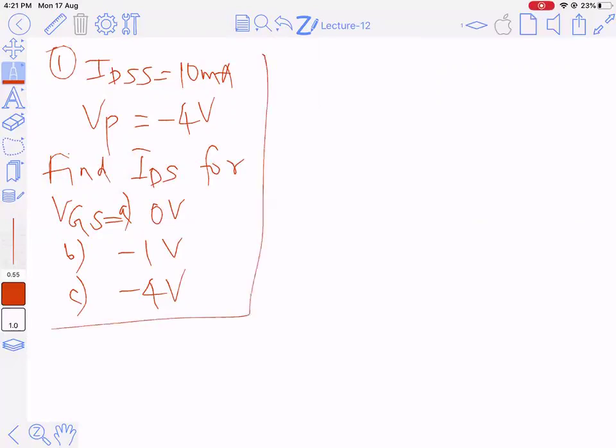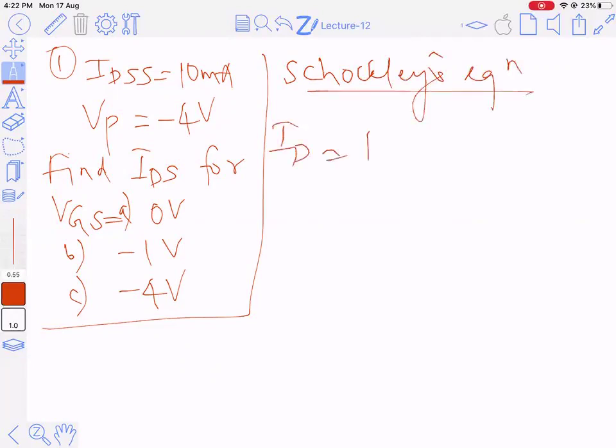So what is Shockley's equation? ID equals IDSS times (1 minus VGS upon VP) the whole square.